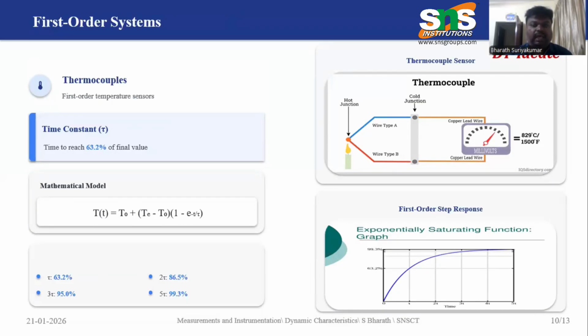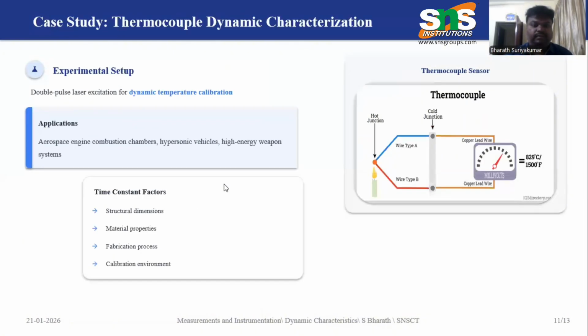Thermocouples are an excellent example of a first order temperature sensor. The time taken to reach 63.2% of its final value is the time constant. You can see the image of a thermocouple in the figure: the complete experimental setup of a thermocouple sensor, with a hot junction, a cold junction, two types of wires, and a copper lead wire connected to the millivolt pointer.